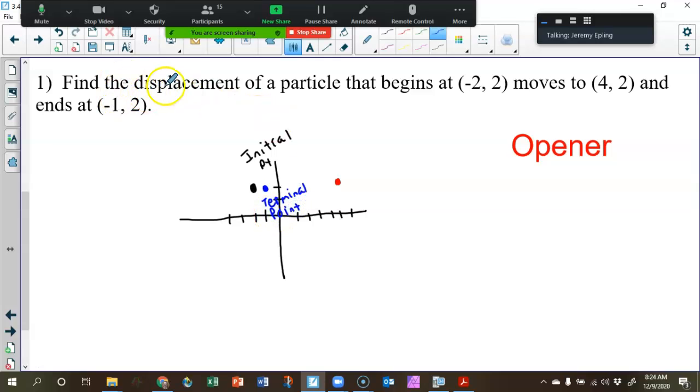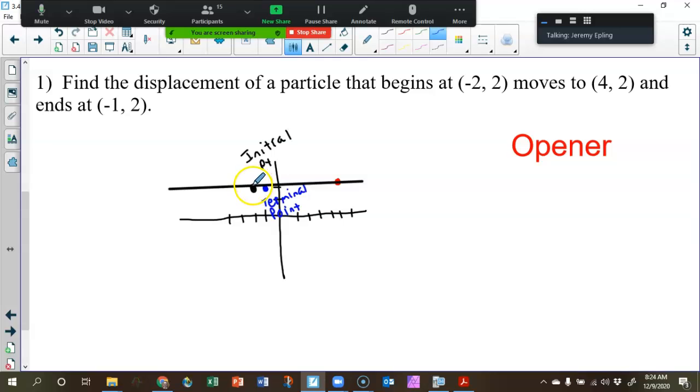And we're finding the displacement. We talked some about displacement yesterday. Displacement is how far did we move from where we started to where we ended. Well, I can look at this picture and think of this as a simple number line. That's really all we have here. Because all of those y values are 2, we just have a simple little number line.